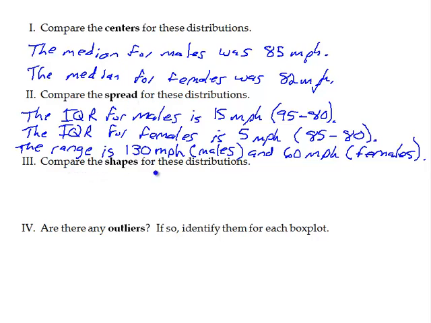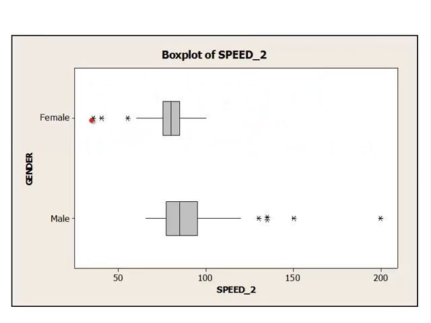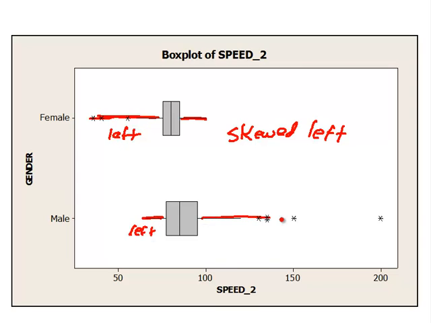Next question, we compare the shapes of the distribution. For the females, this is our left tail, and this is the right tail. So this sort of indicates that we have a longer left tail. So we would say this is skewed left. If we look at the males, here's the left tail. There's the longer right tail.